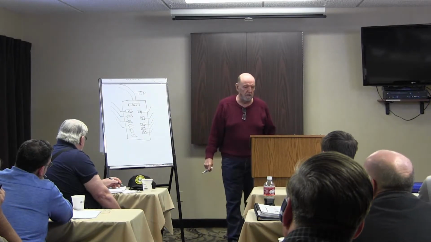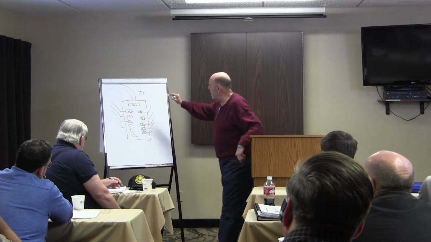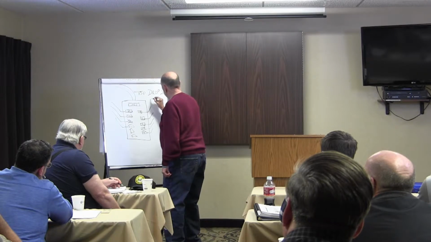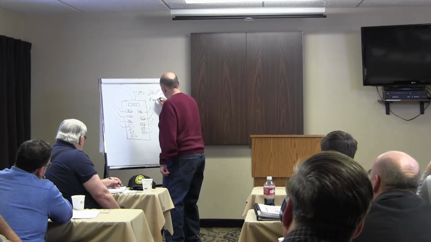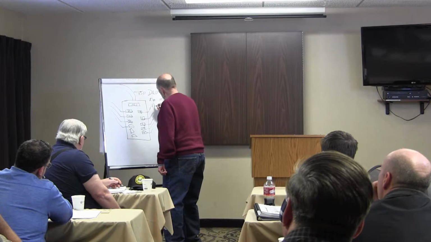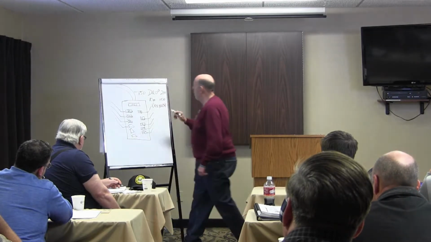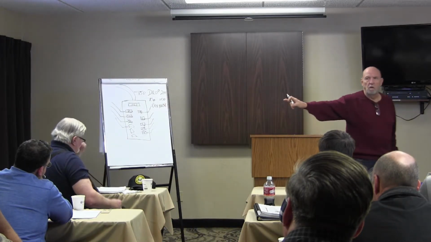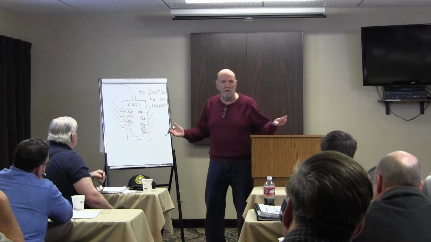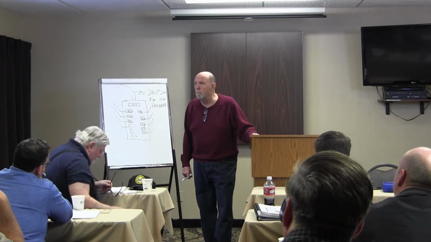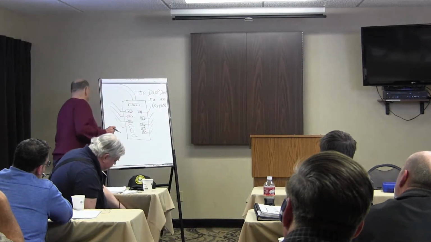So if my drop was 200, my entrance was 100, and the breaker was 150, my size was what again? 100 amp service. Why? What's happening here? It's a fire. Somebody explain it to me. Draw more current than what the wire's rated for.